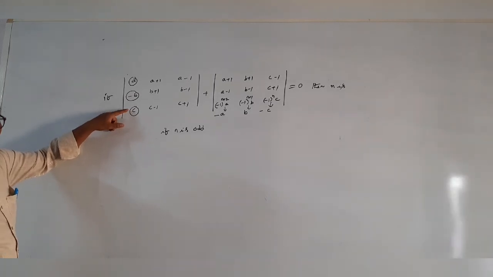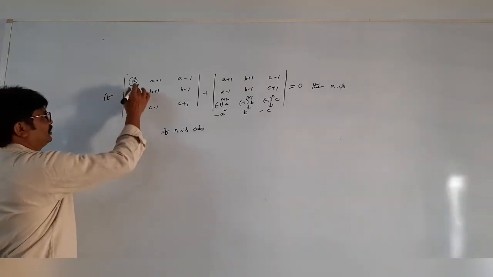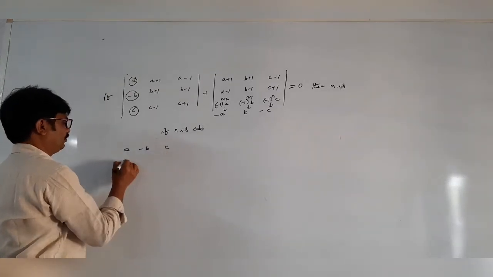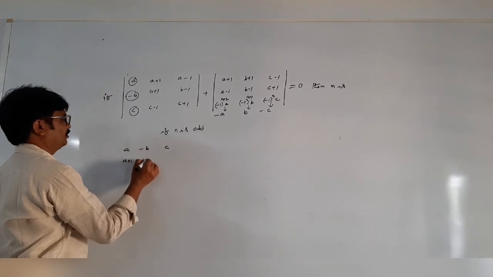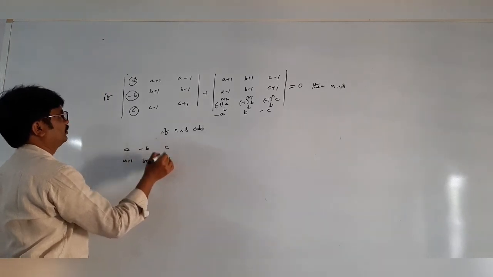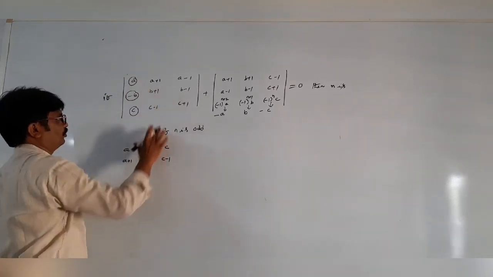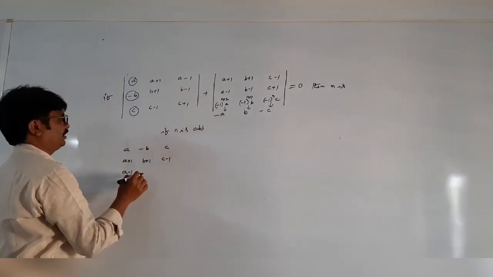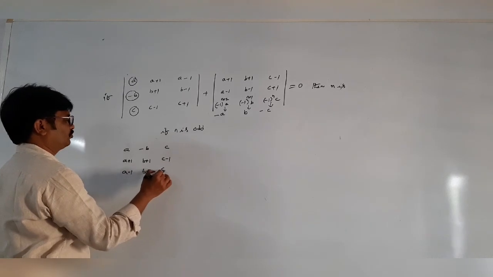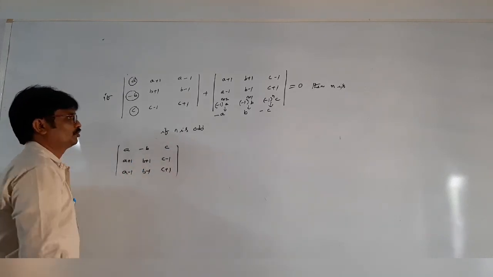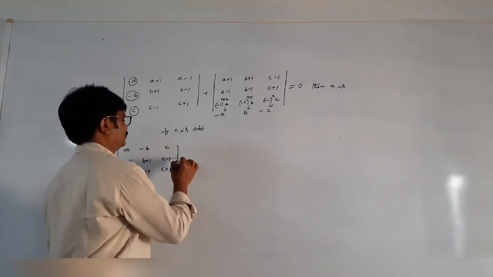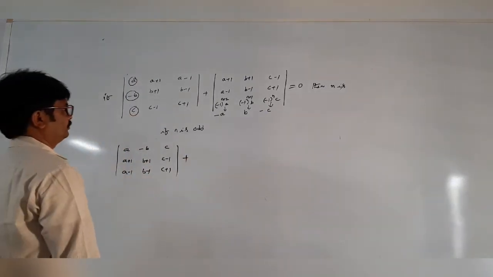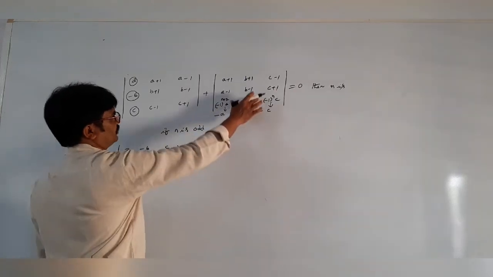Yes, sir. Okay? Now the first row, and the second row is a plus 1, b plus 1, c minus 1, then a minus 1, b minus 1, c plus 1. So, dear students, first you can interchange these two.